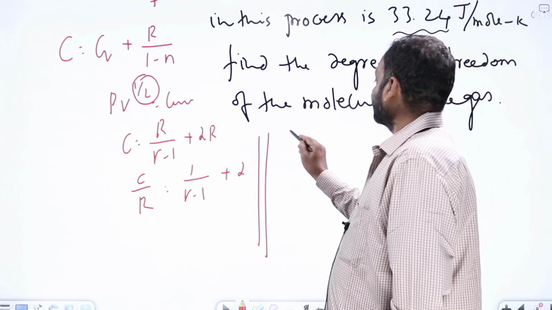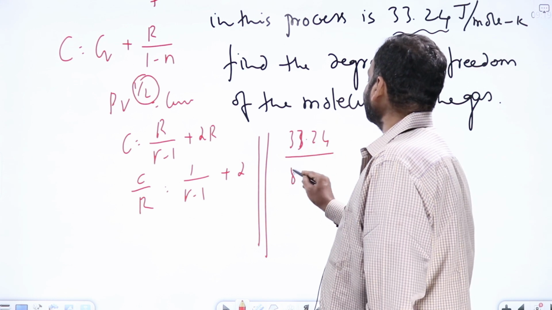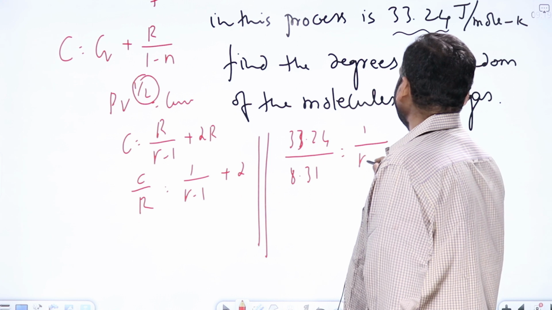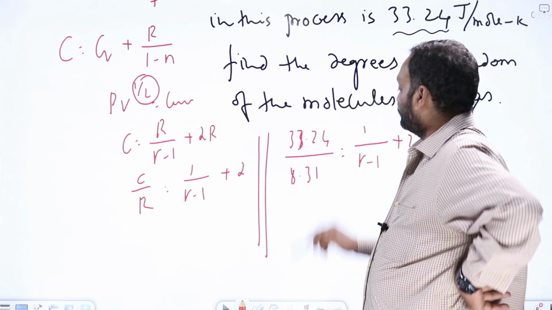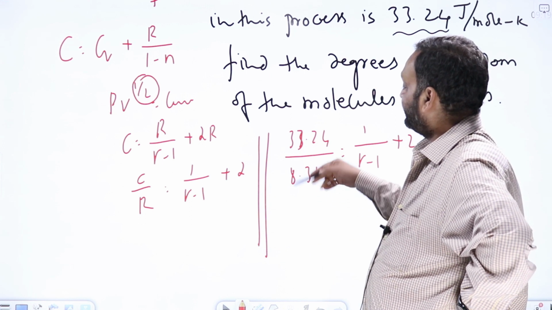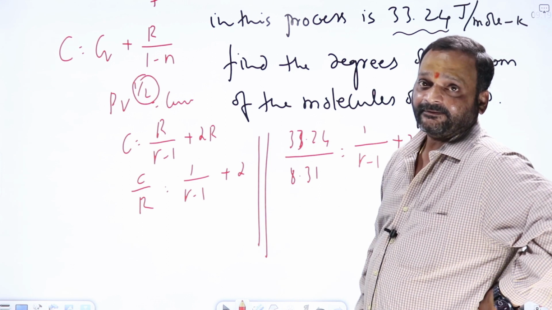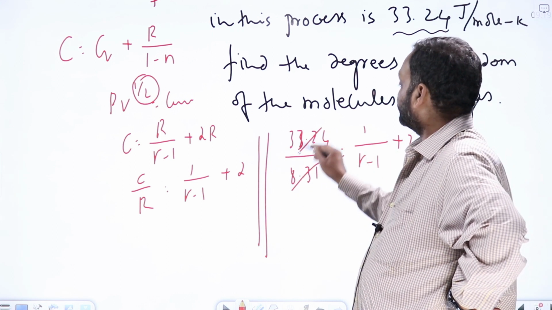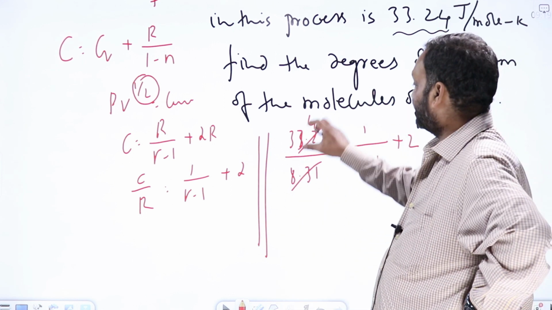So 33.24 by R, 8.31, is equal to 1 by (gamma minus 1) plus 2. 33.24 by 8.31: 8 fours are 32, 0.31 fours are 1.24, so 33.24 exactly. It goes exactly 4 times. That's why he has taken it as 33.24, to give us a whole number.